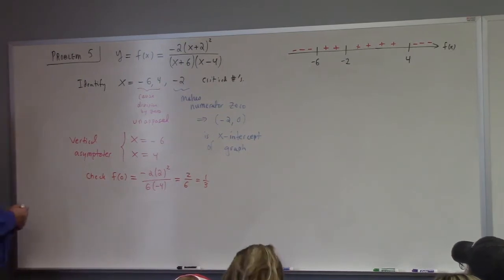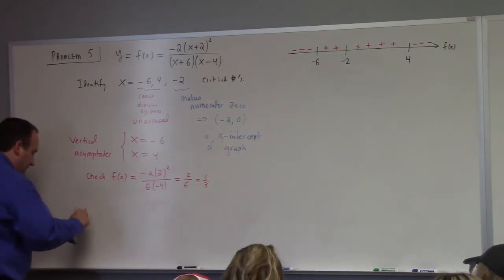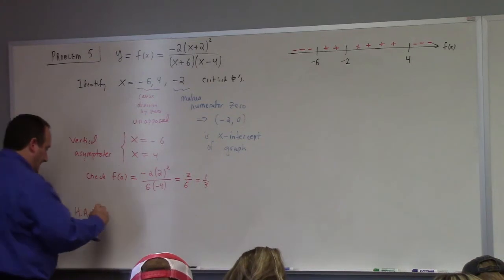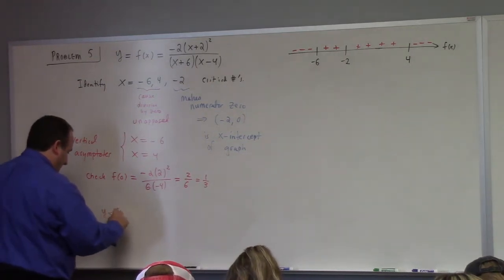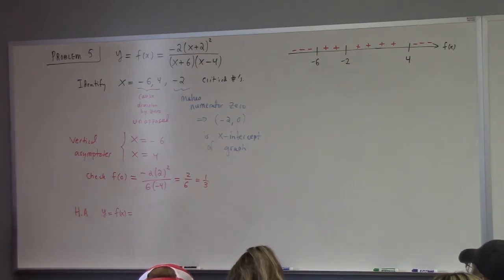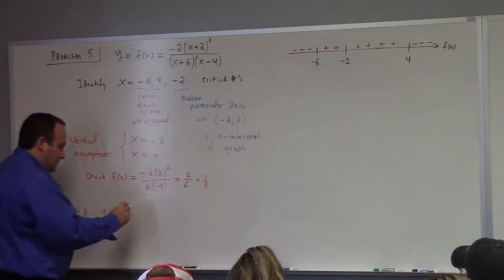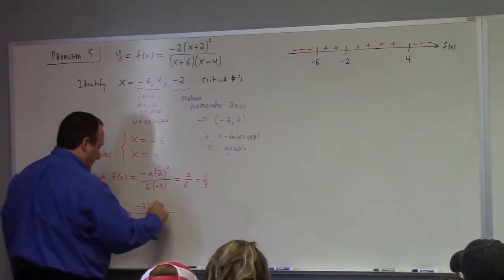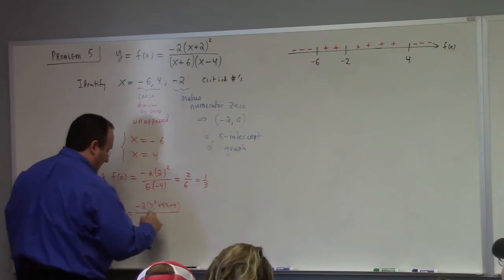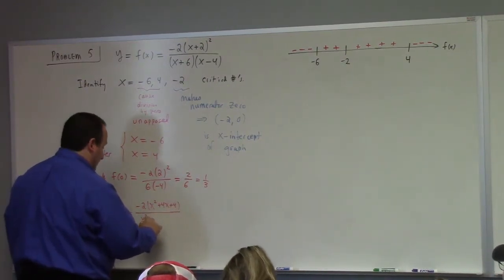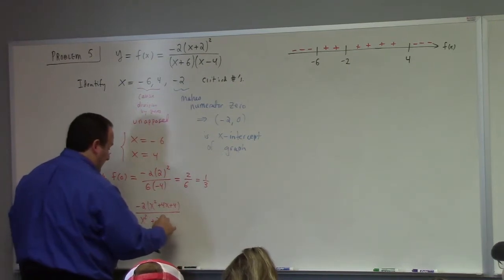So notice here, that's relatively simple because if you look at it, what's the degree of the numerator? It's 2, right? What's the degree of the denominator? It's 2, right? So if you look at it, what do you have? You've got -2 times x squared plus 4x plus 4, and you're dividing by x squared plus 2x minus 24.